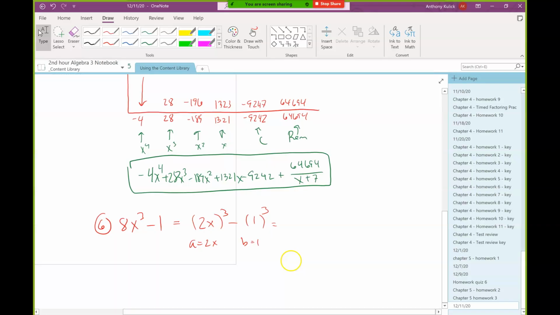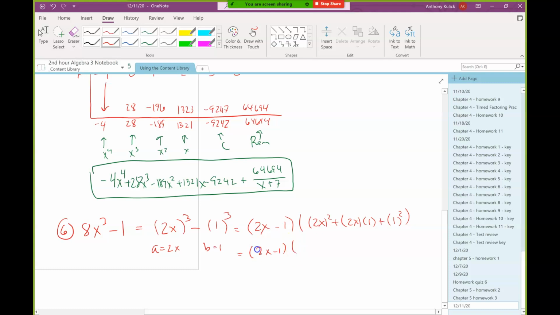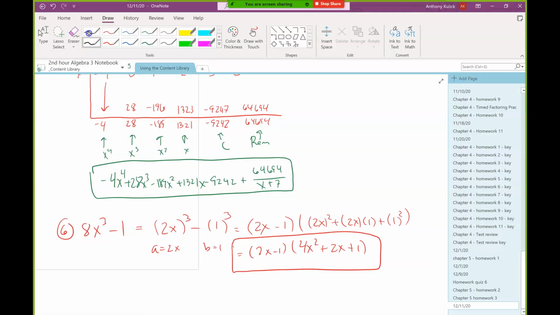So if I use my difference of two cubes formula, I can write a minus b times a squared plus ab plus b squared. And then if I simplify things down, 2x times 2x is 4x squared, 2x times 1 is 2x, and 1 squared is 1. So that would be my final answer there.